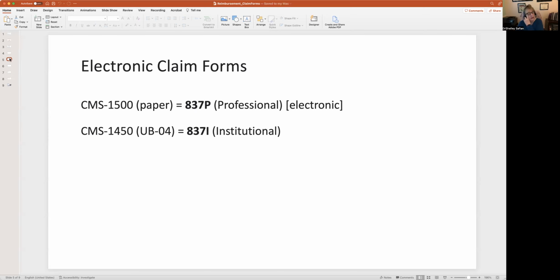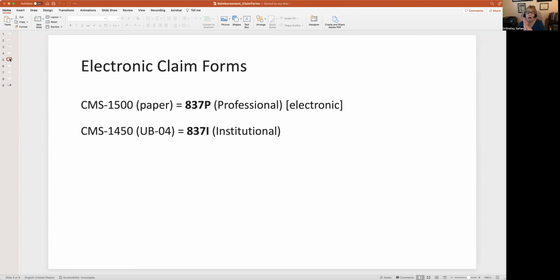And so, remember, we were just talking about the CMS 1500, which is what is represented in your chapter. The electronic designation is 837. That's the name, the number of the form. And then you have P for professional when you are submitting it for a physician.